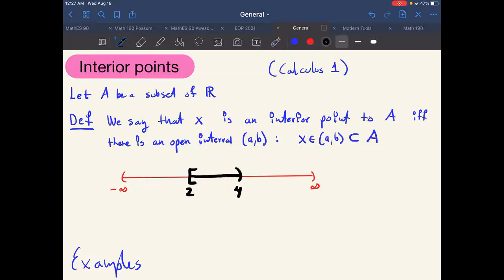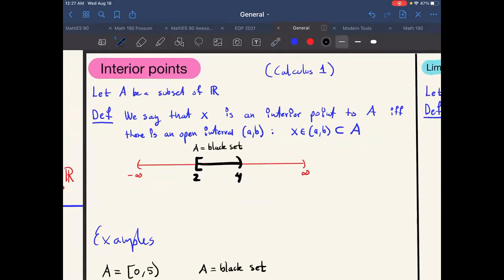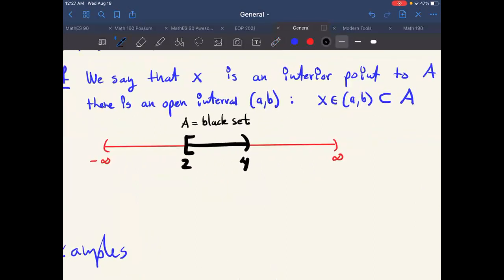In this case, A is the black set. So who is an interior point? In this case, this guy right here, x is an interior point.